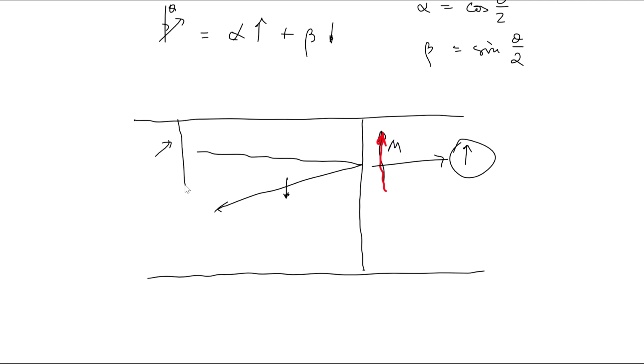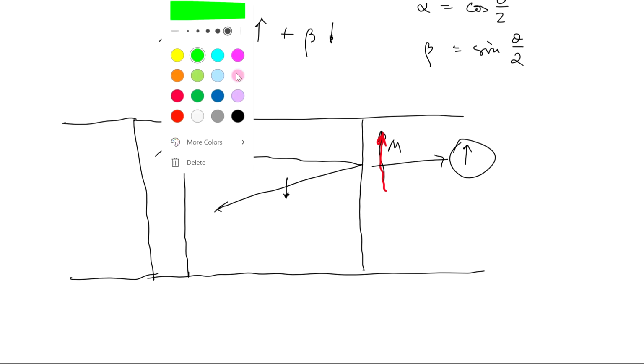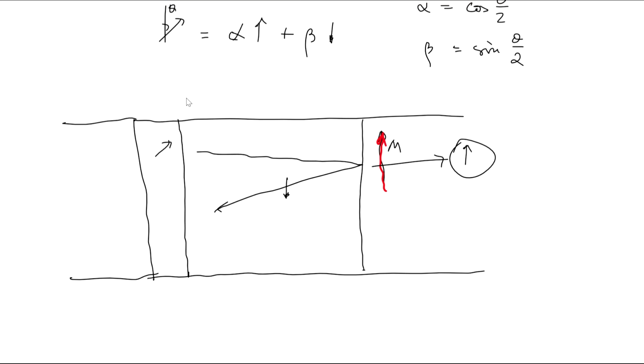Well, we can put another magnet here, right? So we can basically have this. Let me highlight it in a way that won't interfere. Two magnets.